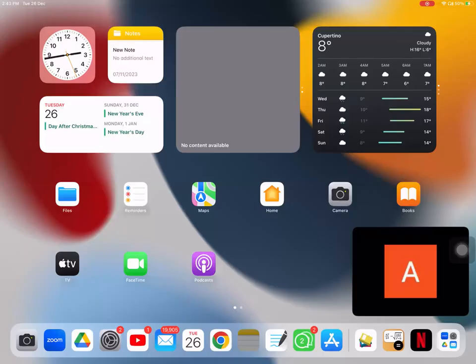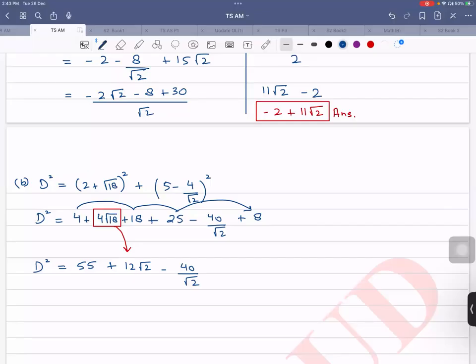All right, now what? LCM or rationalization first? Let's rationalize first this time. Sir, are you sure that you're getting 55 and not 45? Oh, wait, no, it's 18. Okay, no, you're right.